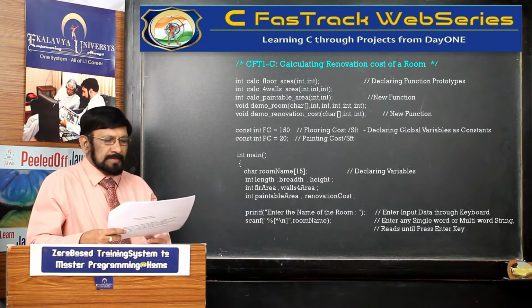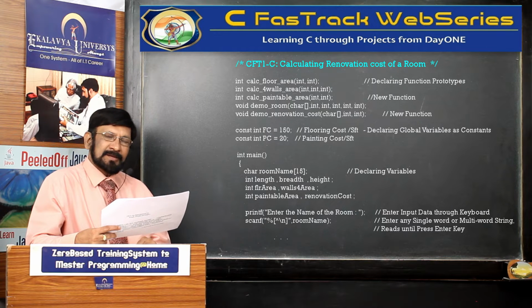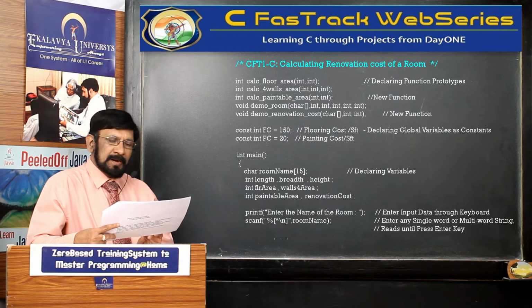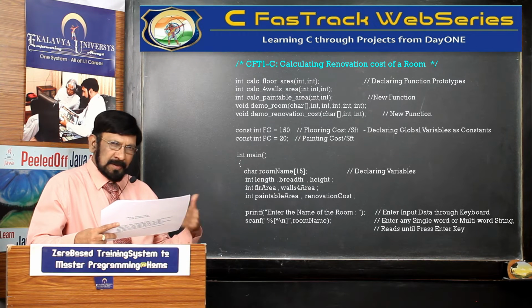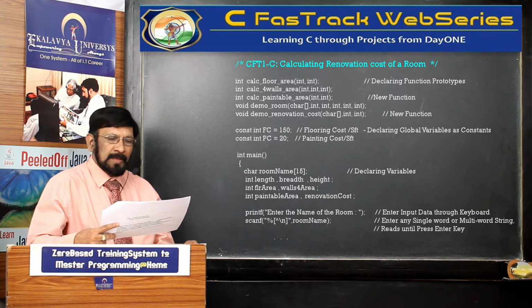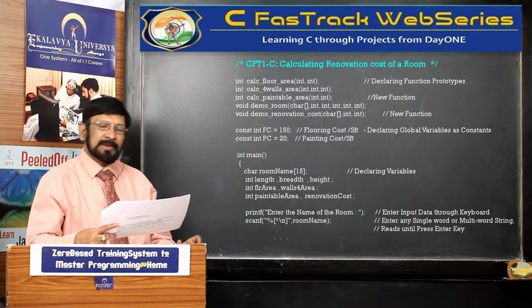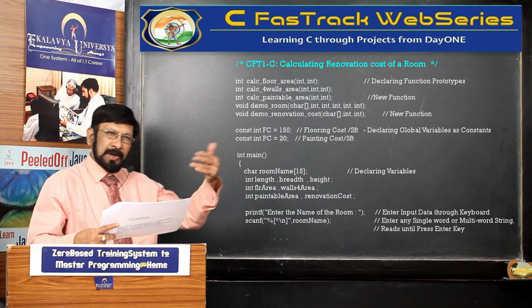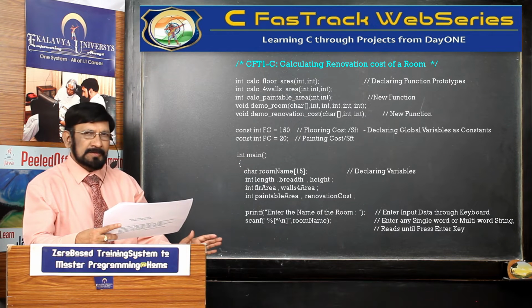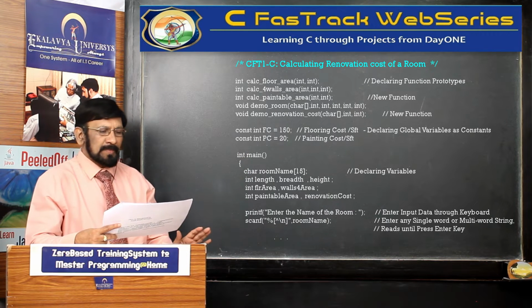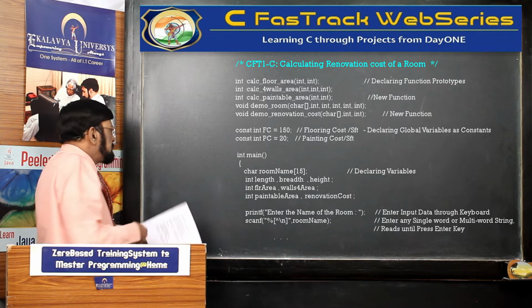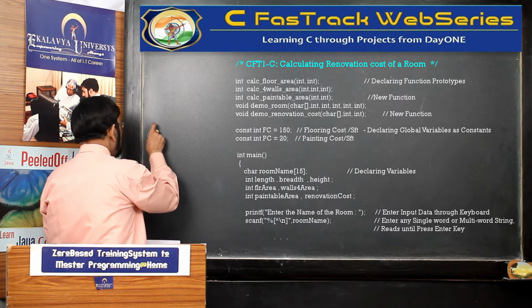Okay. Thereafter, 2 new things are there: paint cost and flooring cost. This is for relaying the floor, that is 150. I declared them as constants. Actually, you committed to one price; you are not supposed to change it. So, I defined them as constants. This is a new feature.